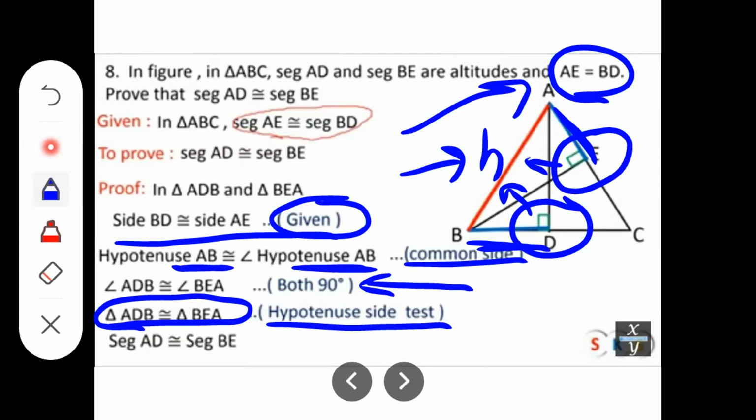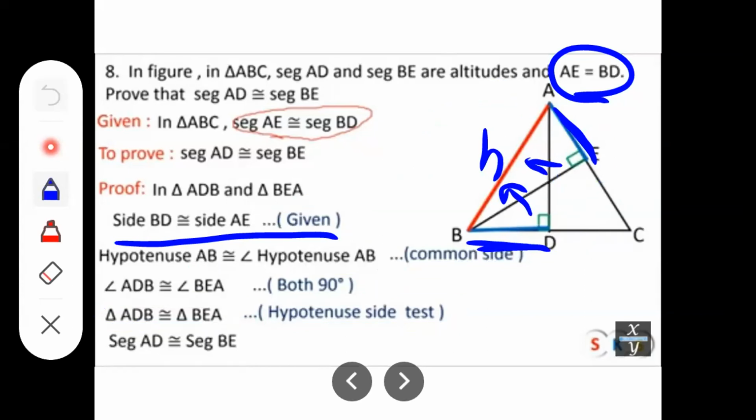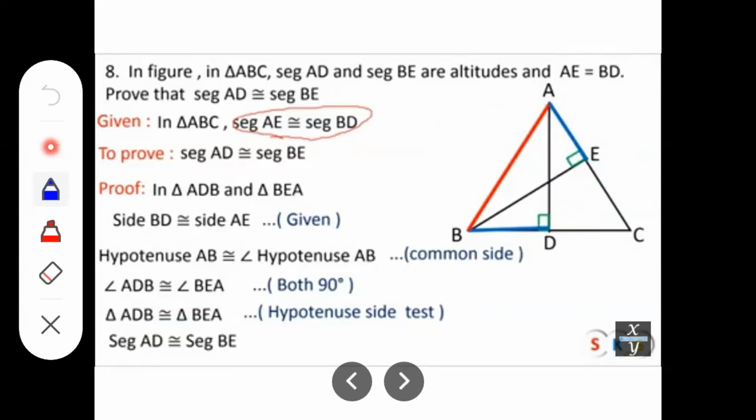So if the triangles are congruent, their corresponding sides are also congruent to each other. So corresponding sides, that means side AD congruent to BE. AD, this segment, is congruent to segment BE, because those are the sides of corresponding triangles.